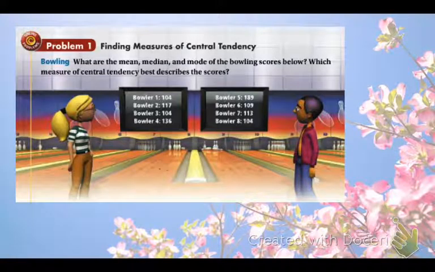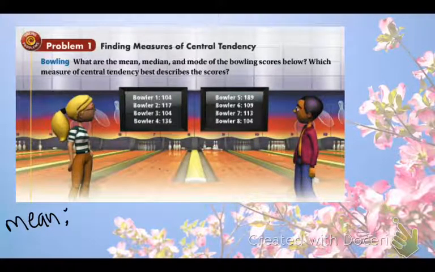To get started here, we are going to find and calculate the mean, median, and mode. The mean is oftentimes referred to as the mean measure of central tendency, as in mean being making us do the most work, because it does make us do the most work. For this one, we are looking at the scores of these bowlers.